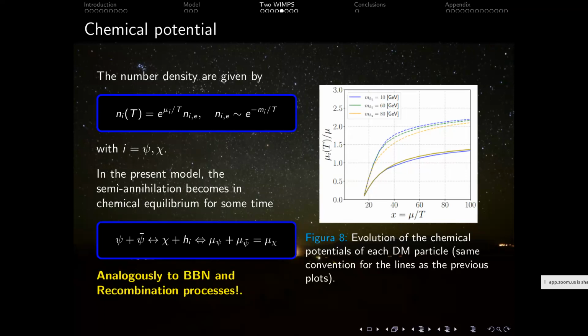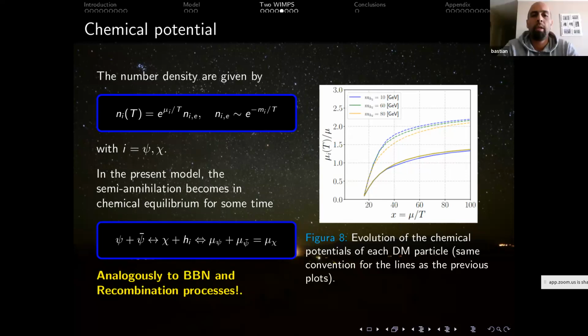But my idea is that for high temperature, not low temperature. Anyway, when I say low temperature, I mean temperatures below the mass of the dark matter particles only, so they start to behave as a non-relativistic gas. We agree on that? Okay.